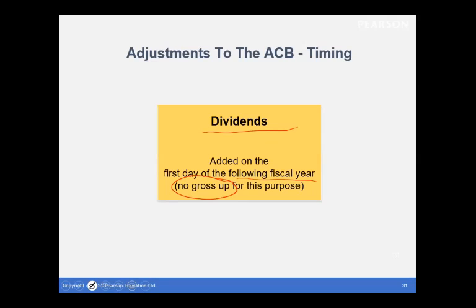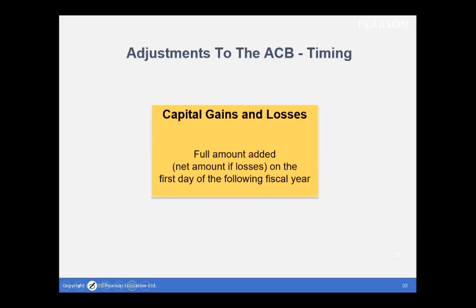We just did the last calculation. That was to show what that individual was going to pay tax on. We had to do the gross up. For the balance of the account, we don't do the gross up. Capital gains and losses, the full amount is added. The net amount, if it's a gain, you add that.